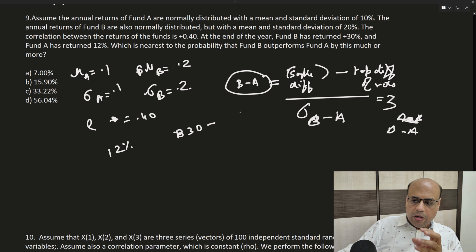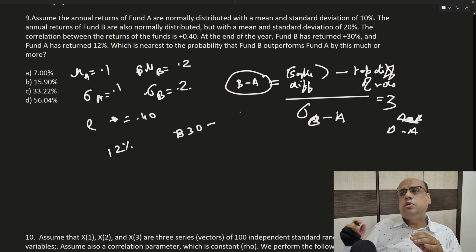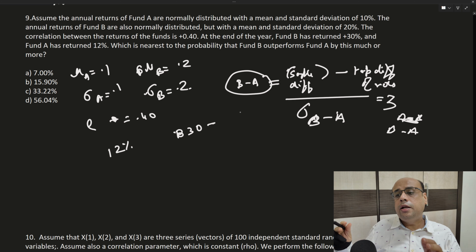B and A are given, and we just have to know the probability that B has outperformed. Means what is the probability that B minus A is more than 18%, that is 30 minus 12.